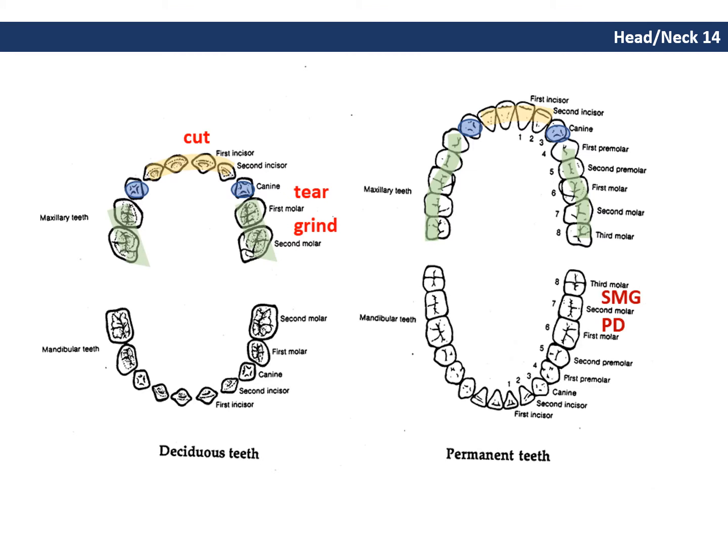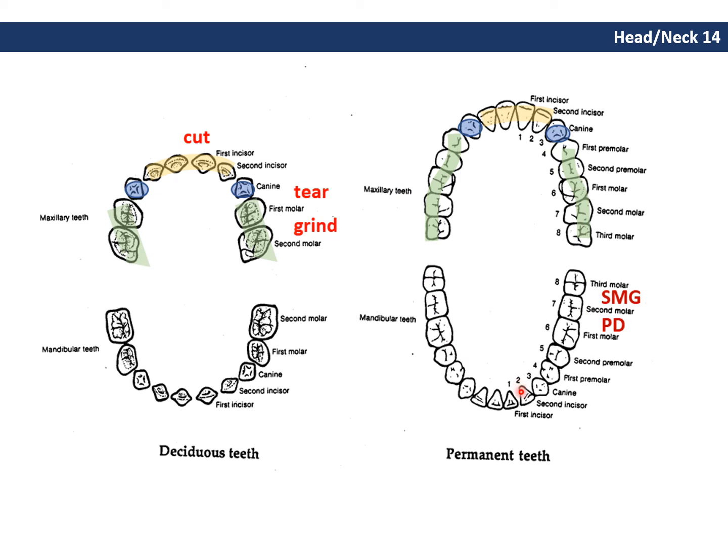Those teeth either cut, tear, or grind. The incisors are the ones that cut, the canines tear, shown here in blue, and the molars are for grinding. These are the deciduous teeth, and then the adult teeth are shown immediately next to those.